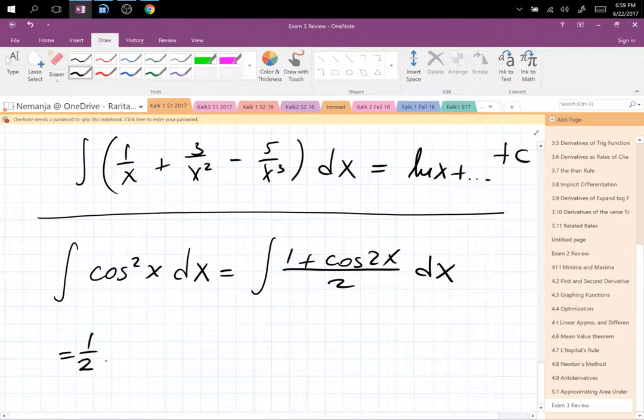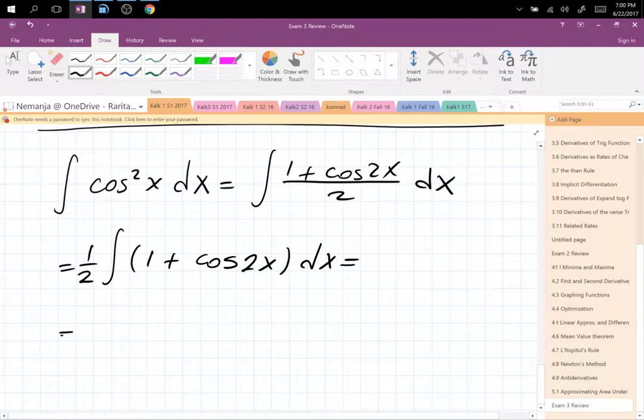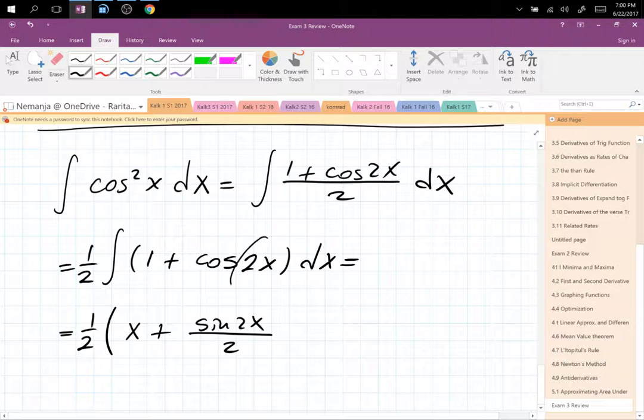That's the common factor. And then you take these integrals independently from one another. You just make sure that 1/2 multiplies everything. So the integral of 1 is x, and the integral of cosine 2x is sine 2x, and you have to divide by 2 because you had the 2 right there. And then we have plus c.